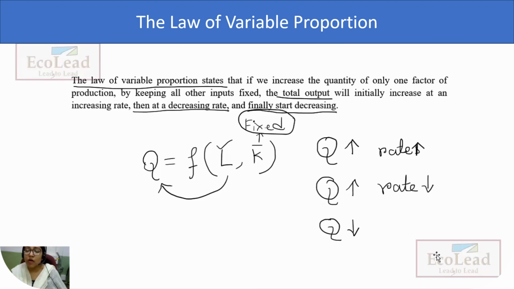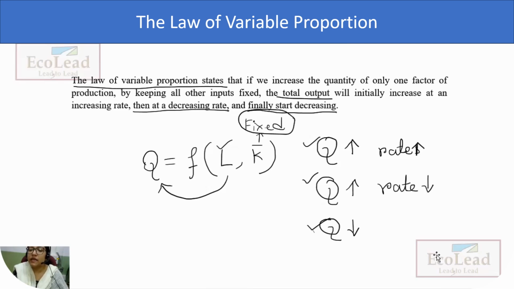That means we can see here that if we keep one factor as constant, then the variable factor's impact on the output, we can divide that impact in three broad situations or three broad cases.